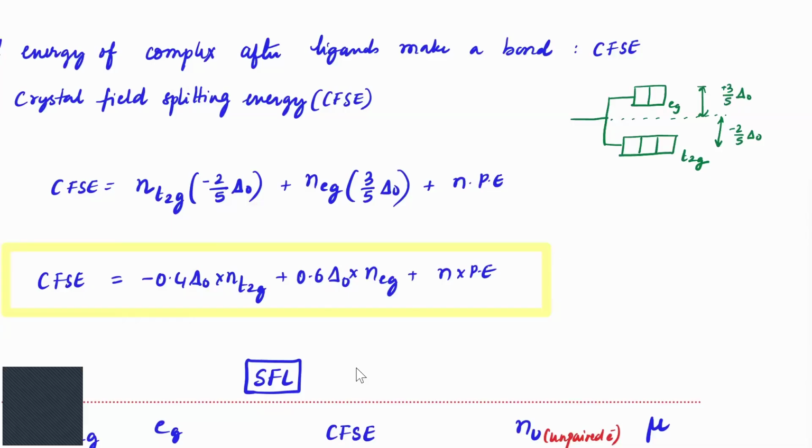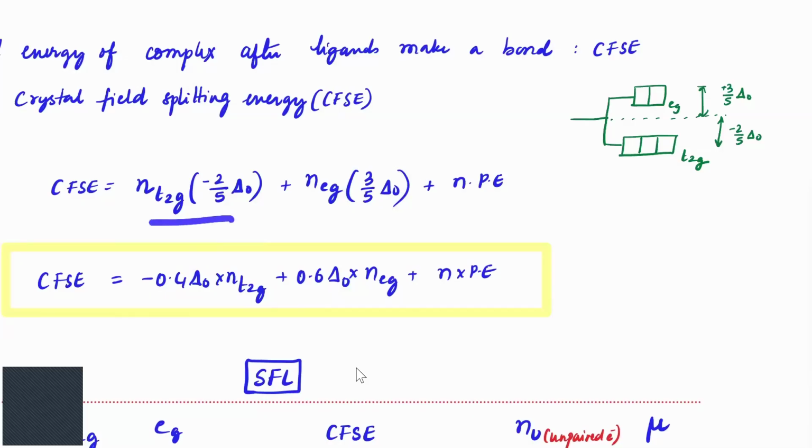So that's what I have taken here. In this case, how many electrons are present in T2g? That is n T2g, the number of electrons in T2g, multiplied by this energy factor, plus how many electrons are present in Eg, multiplied by the 3 by 5 delta naught factor.